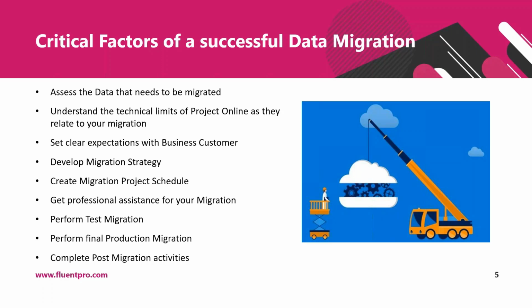After you have gone through the test migration and figured out how to overcome the challenges that came up, you are ready to move on to the actual production migration. Complete post-migration activities. Among them could be admin and user trainings, reports adjustments, look and feel adjustments, and any other activities as you feel necessary for your specific project.